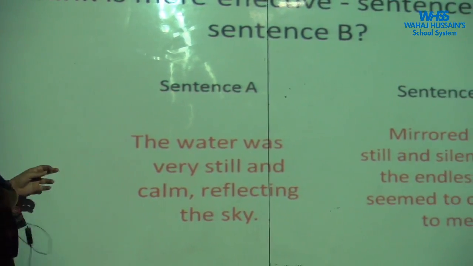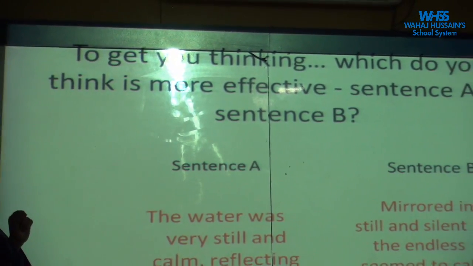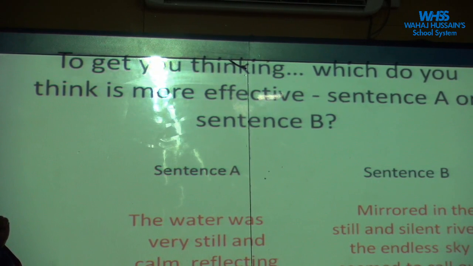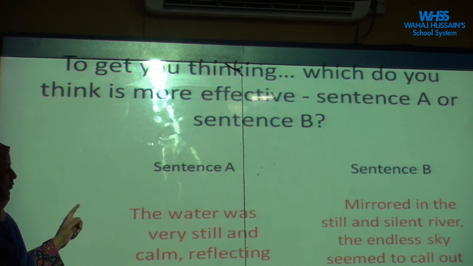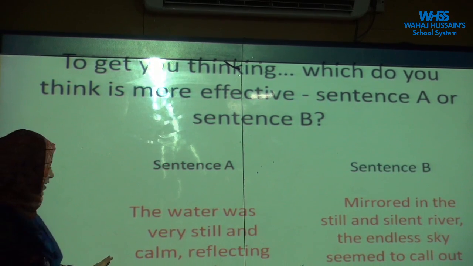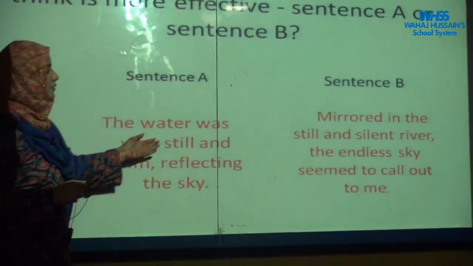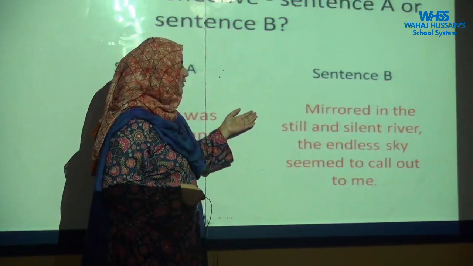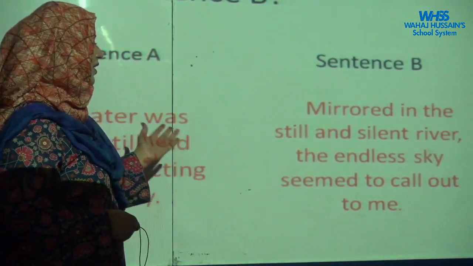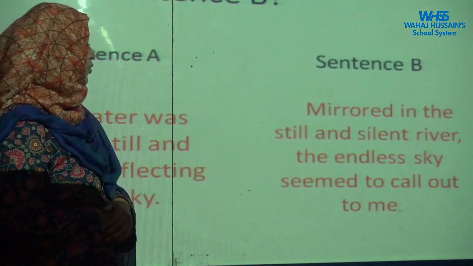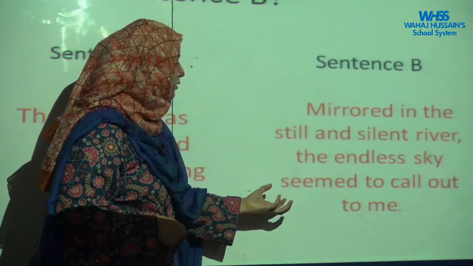Please focus over here. To get you thinking, which do you think is more effective, sentence A or sentence B? Sentence A: the water was very still and calm, reflecting the sky. Sentence B says, mirrored in the still and silent river, the endless sky seemed to call out to me.